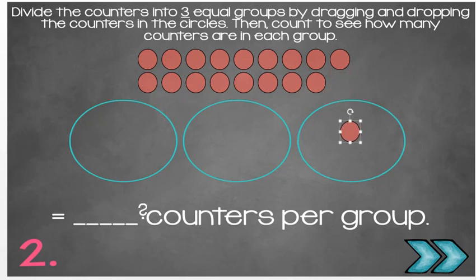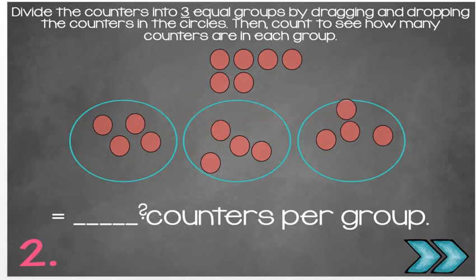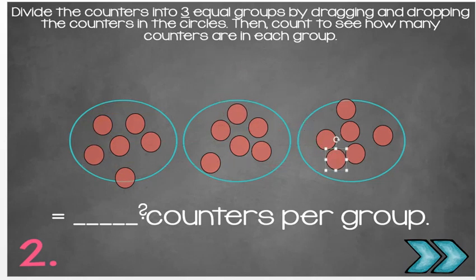It's easier. 1, 2, 3, 4, 5, 6, 7, 8, 9, 10, 11, 12, 13, 14, 15, 16, 17, and 18. So here in our groups, okay, we have that.